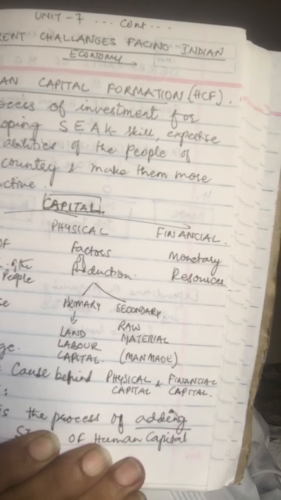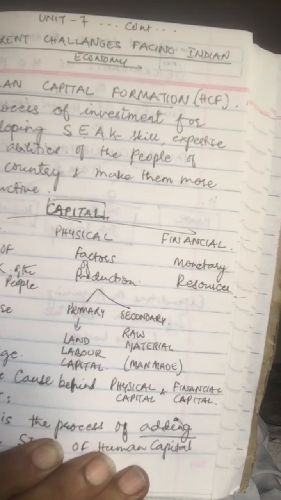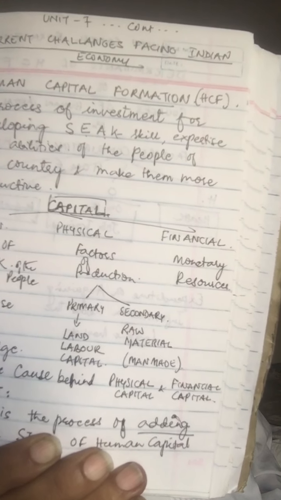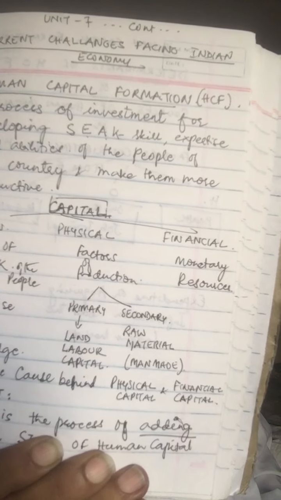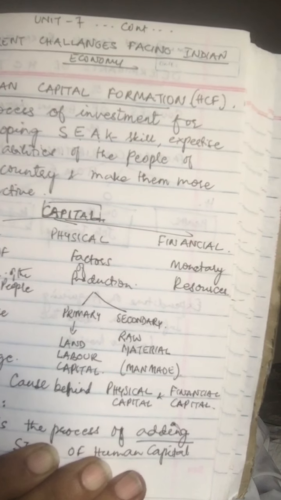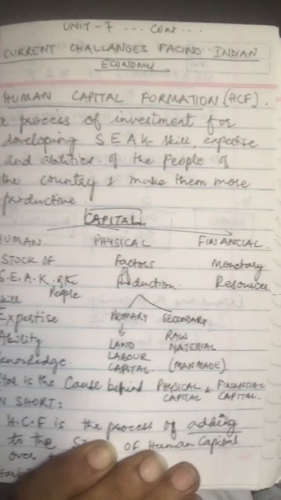What is physical capital? All inputs which are required for further production. And in this, you have primary factors of production, and also machines, tools, implements, factory buildings, raw materials. They are all called physical capital.